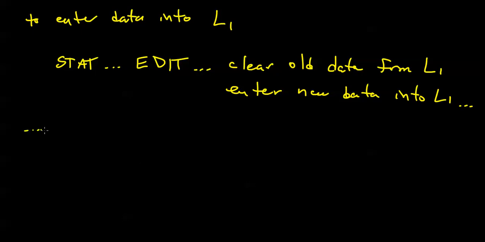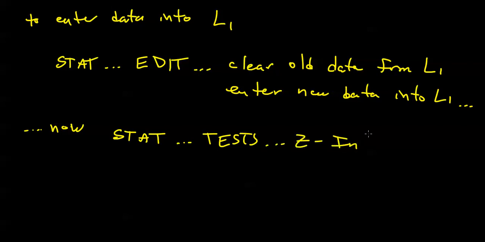Alright, once you've entered in the new data, now, again, to construct the confidence interval, hit stat, tests. Again, we're calling up that z-interval command. Input mode, we'll want data.